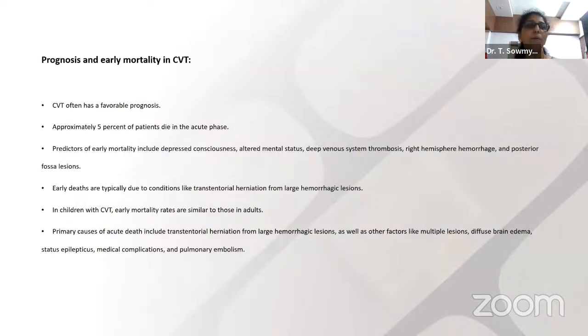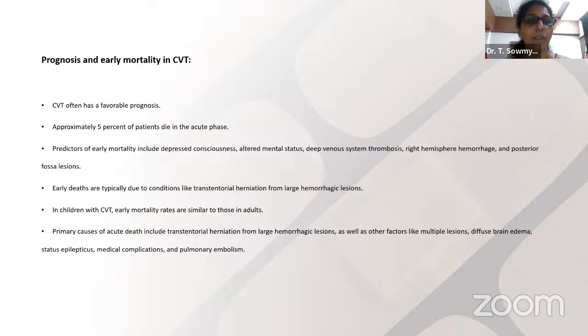And coming to the prognosis and early mortality in CVT, CVT has a favorable prognosis, and 5% of patients die in the acute phase. And predictors of early mortality are altered mental status and depressed consciousness, deep vein thrombosis, right hemisphere hemorrhage and posterior fossa lesions. These are the predictors of early mortality.